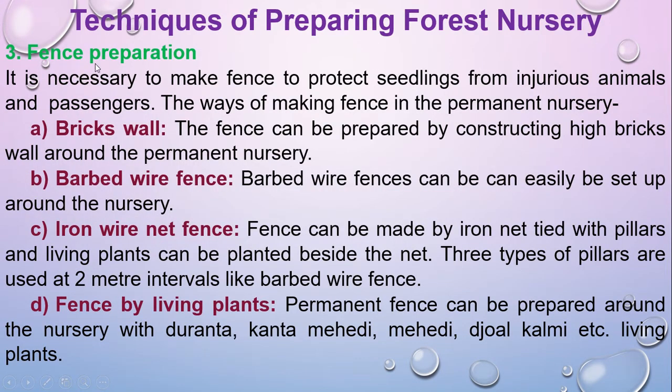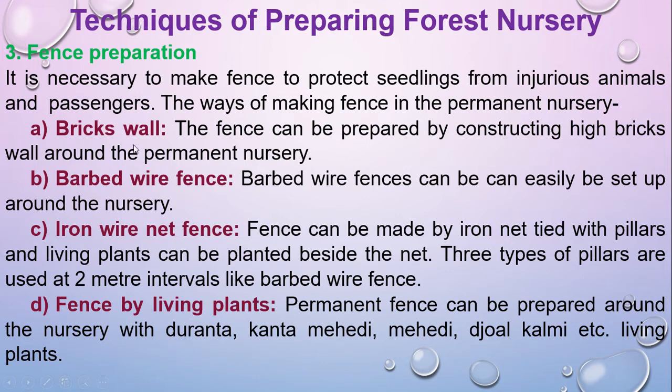Next point is fence preparation. If you make a permanent nursery, and even in the temporary one, you need to make sure of proper protection from outside resources like animals, wild animals or people as well. At that time you need to prepare the fence.